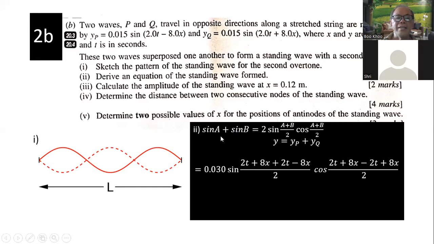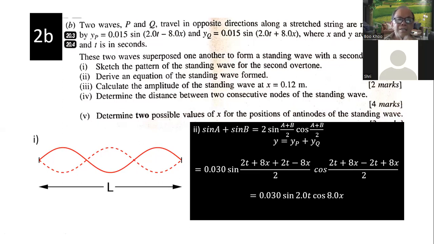This is your A, this is your B, A plus B, A minus B, and then you get the equation: sine 2t cos 8x. Understood? No choice, your course has a lot of maths involved.